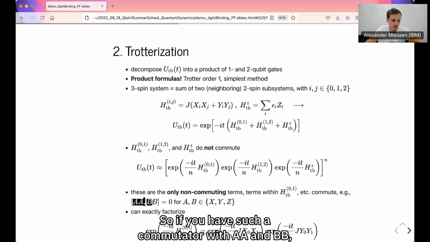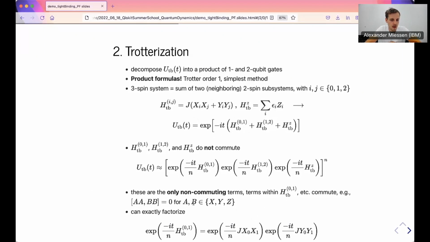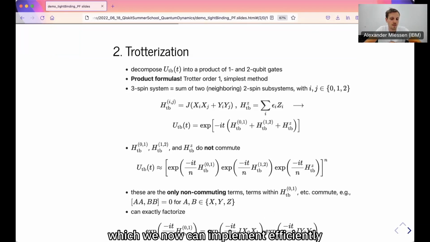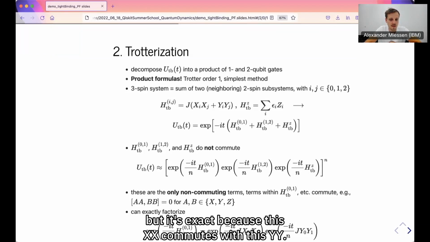If you have such a commutator with AA and BB, where A and B are both Pauli matrices, then this always commutes, okay? And so this means that each of these terms here we can exactly decompose into these exponentials, which we can now implement efficiently in our quantum hardware, okay? So this down here is not an approximation, but it's exact because this XX commutes with this YY, okay?